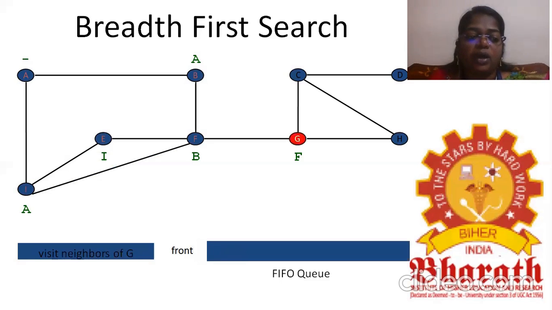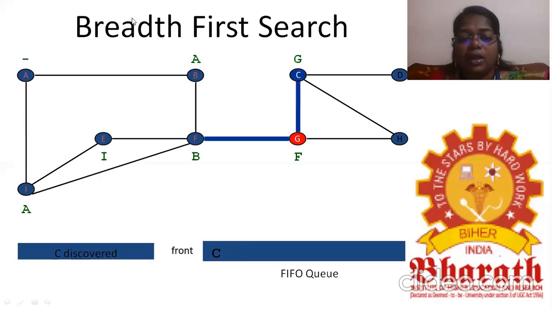So what do we have to do? We have to DQ the node G and mark it with a red color. What are we going to do now? We are just going to check the neighbors of node G. What are the neighbors of node G? Node F and node C. Node F is already discovered, so no need to take it up.